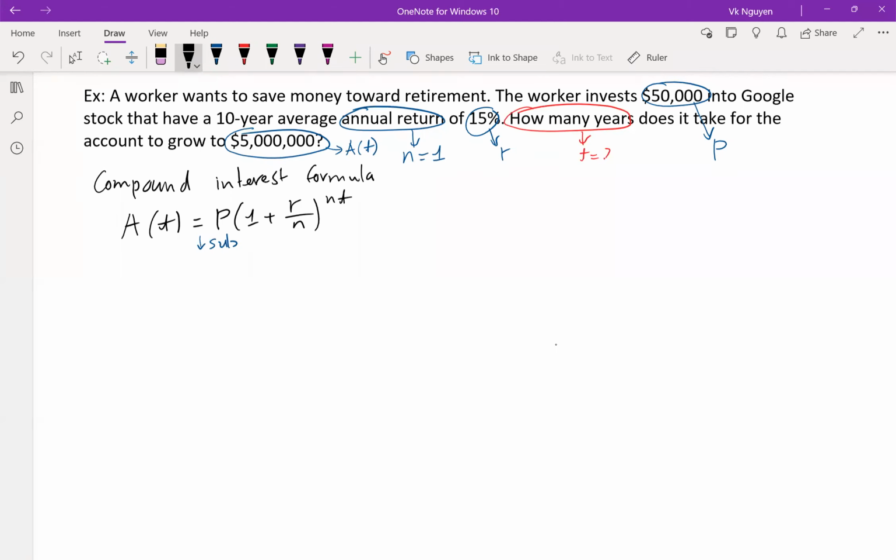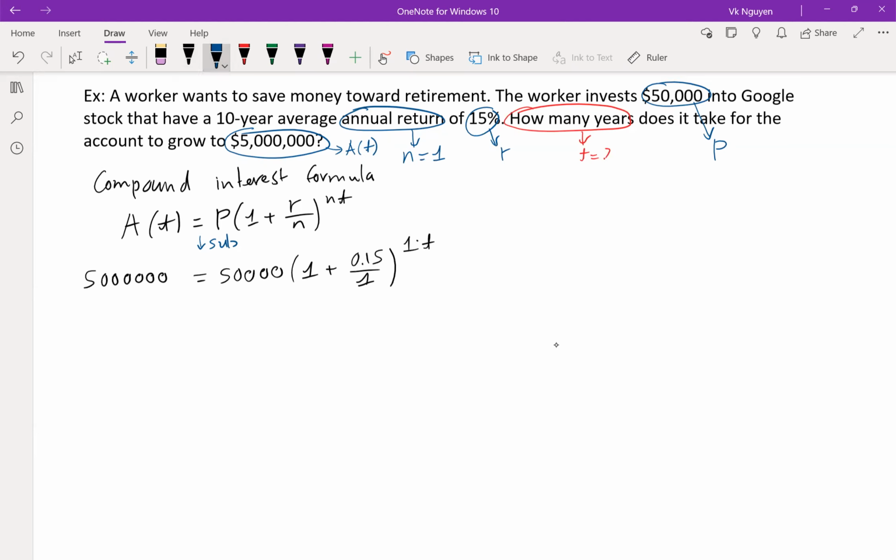After we do the substitution, let's take a look. 5 million equals 50,000 times 1 plus 0.15 over 1, to the power t. We have one equation with one unknown. We can solve for t.